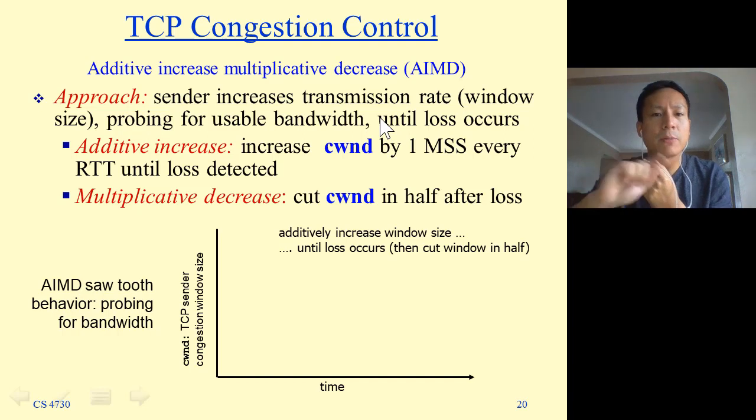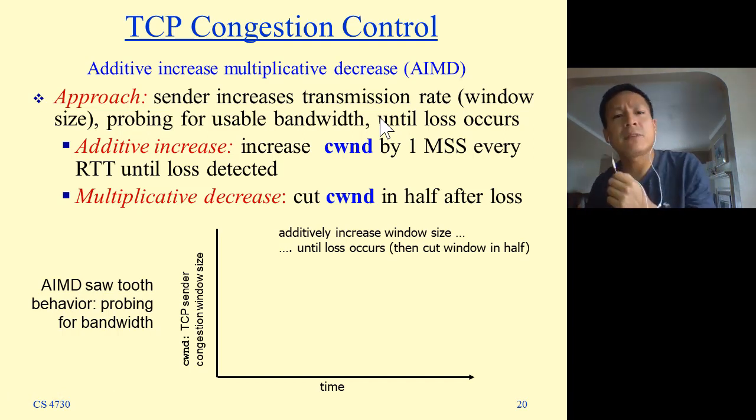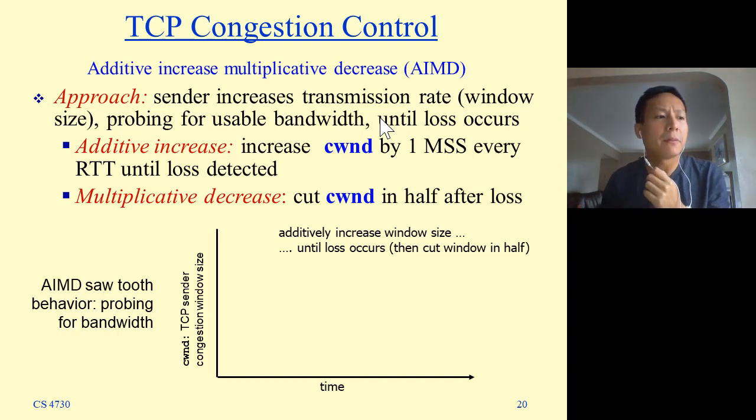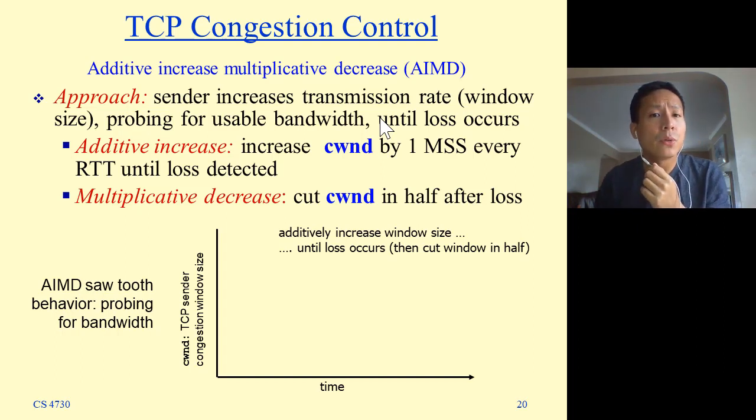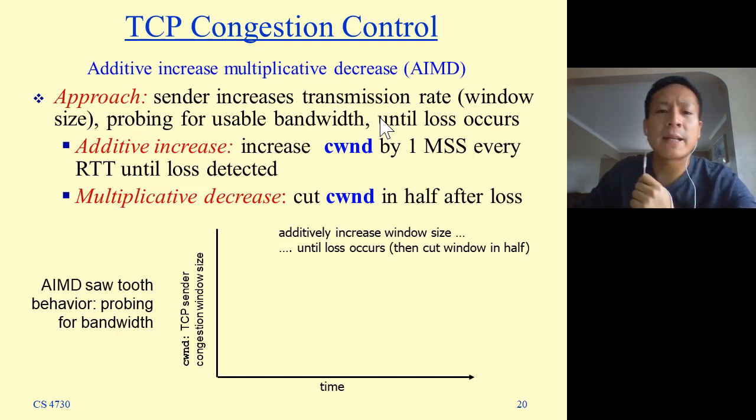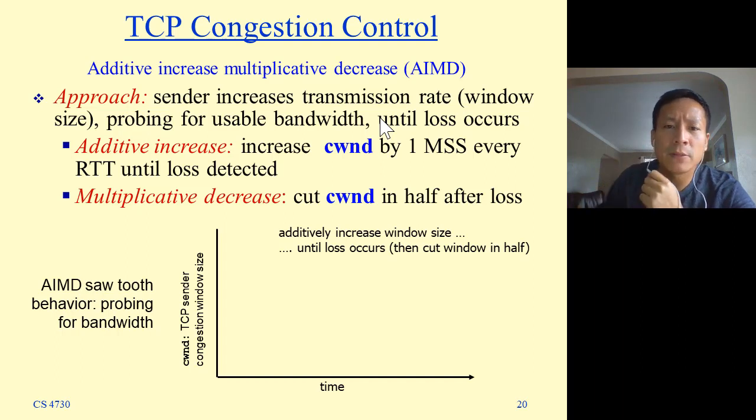And you keep doing this, so what will happen? If everybody keeps increasing, then the network has limited bandwidth, so sooner or later it will begin having some congestion, right? So what will happen is that when loss is detected or long delay is detected, then congestion is inferred. Then you have to react, right?